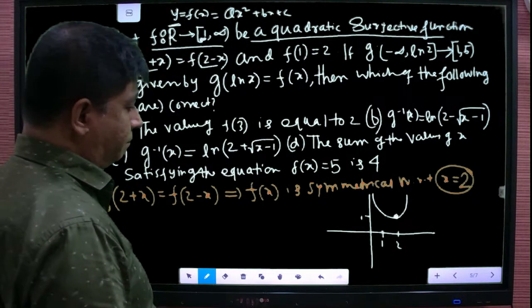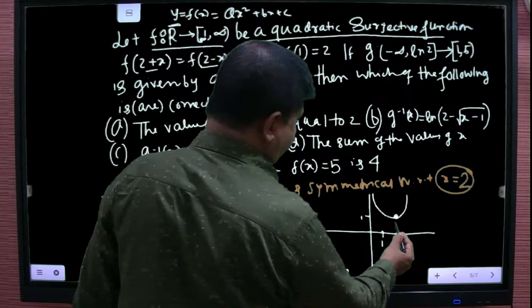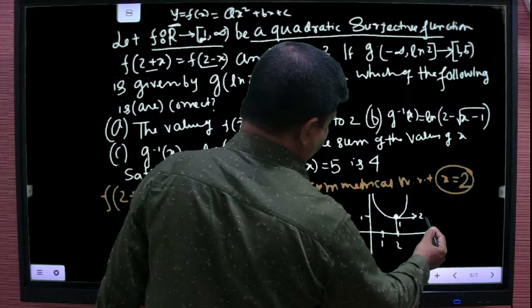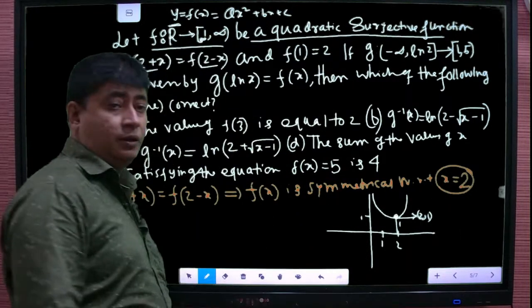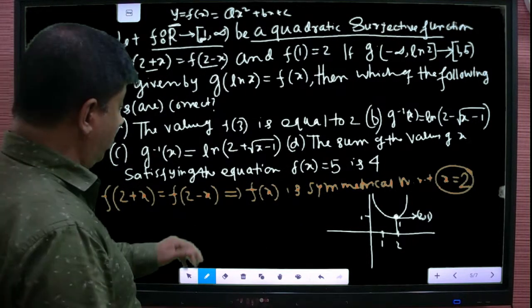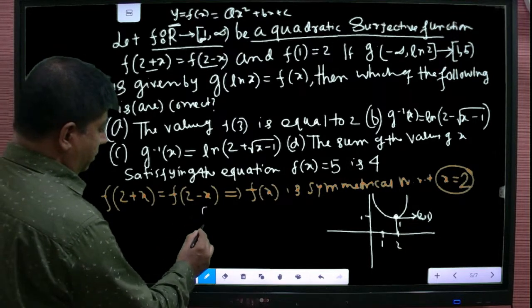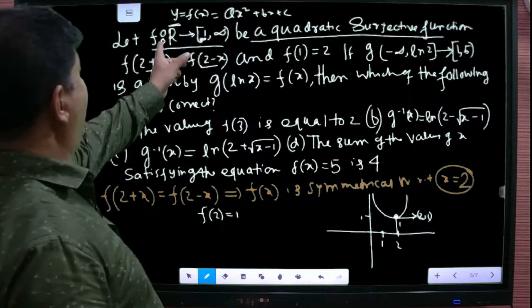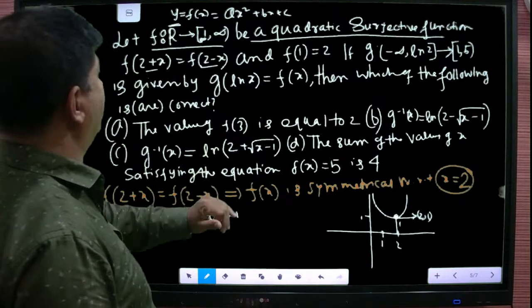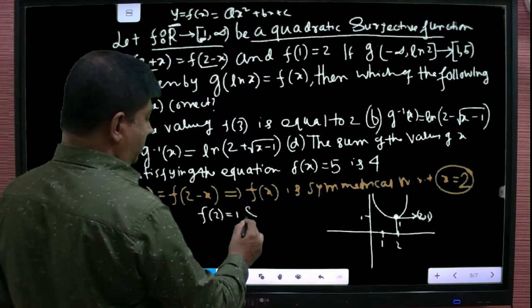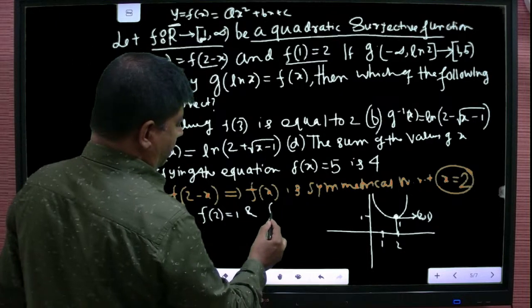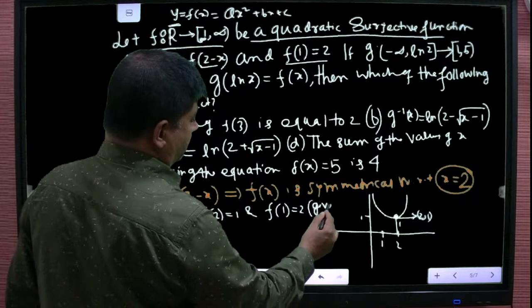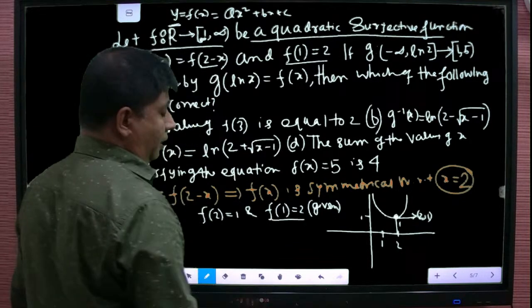So if this is x, this is 1, this point is (2, 1). One conclusion I can draw: f(2) is equal to 1, and another thing is given, f(1) is equal to 2.